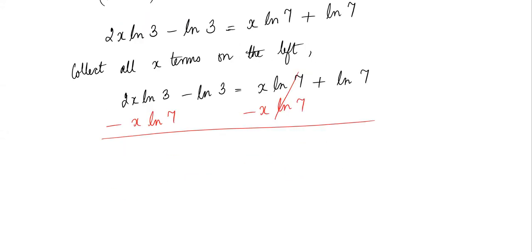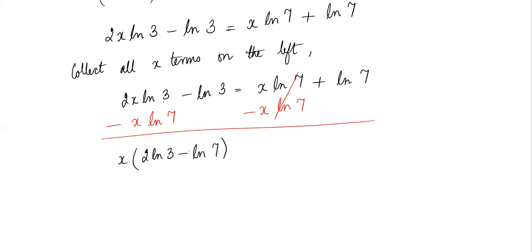You really can't combine these two in a way other than collecting the x that's common to them. 2 ln 3 minus ln 7. Does that make sense? Because in these two terms, I have to subtract these two terms, and x is the only common thing that I can pull out when I subtract. So I pull out the x, and then I subtract these two.